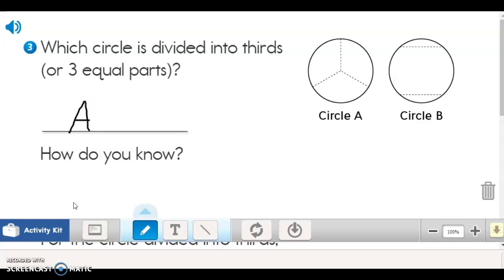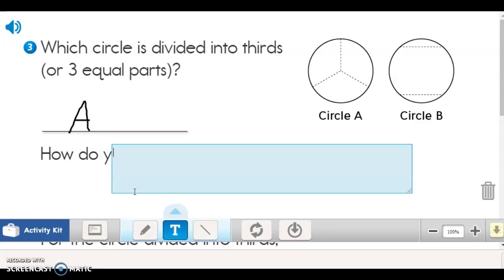How do we know? I'm going to pull in my text here, and I'm going to see if I can type that in. The 3 parts in circle A are all the same size.